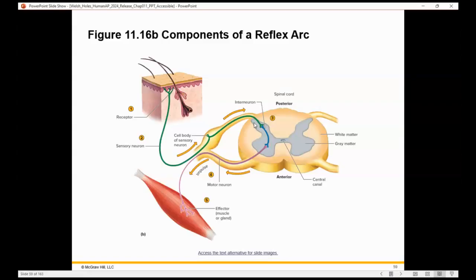It goes into an interneuron in the spinal cord through the gray matter. And that interneuron connects with a motor neuron or efferent neuron, which then goes out of the anterior root to the effector, which is a muscle or gland.